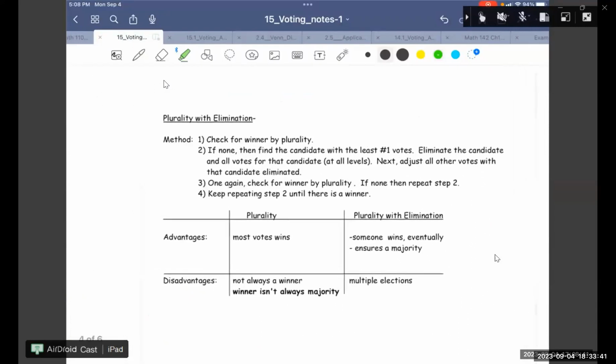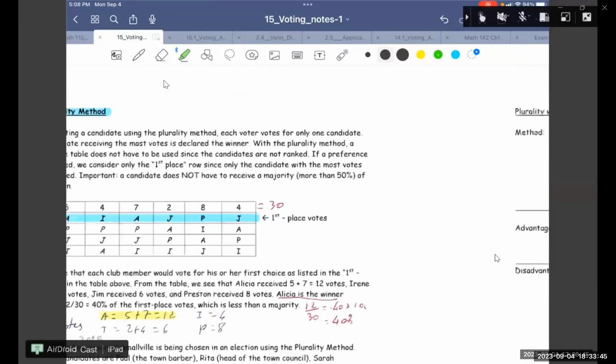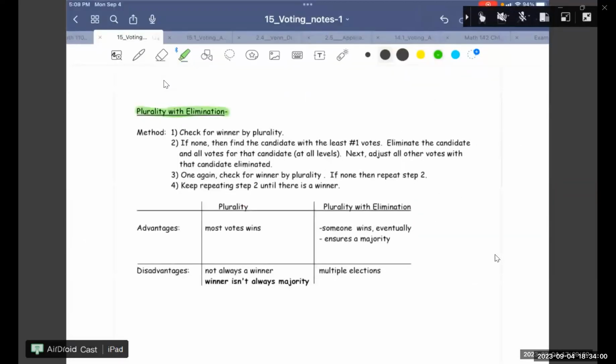For the second method, we use plurality with elimination. The method: first check for the winner by plurality.